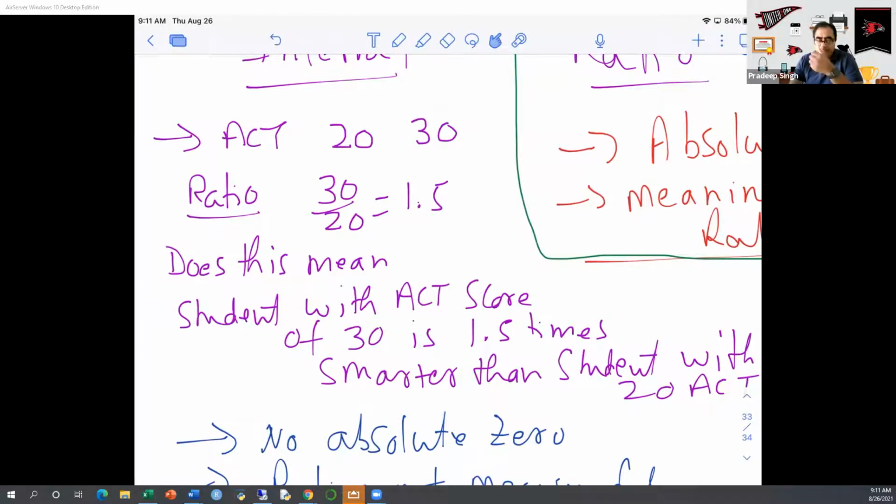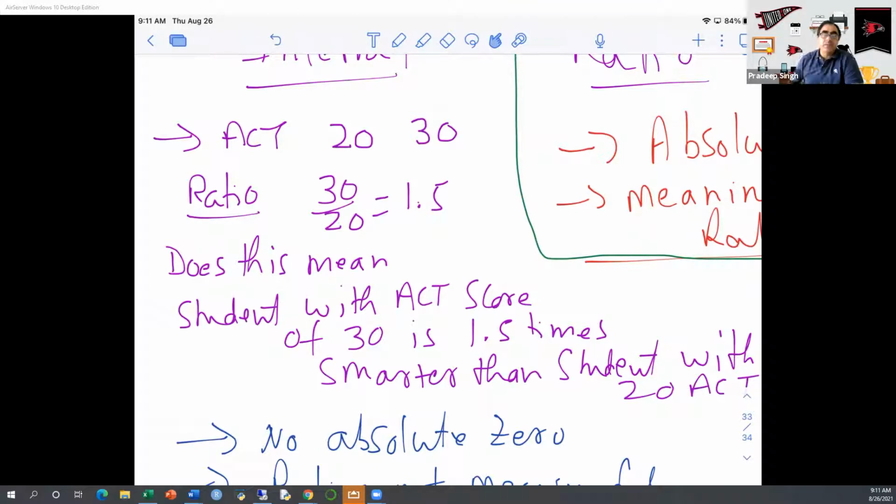When I say whether it is meaningful or not, basically I'm asking whether a student with an ACT score of 30 is 1.5 times smarter than a student with an ACT score of 20. Right? That's what a meaningful ratio is. Otherwise, it is just a numerical value.